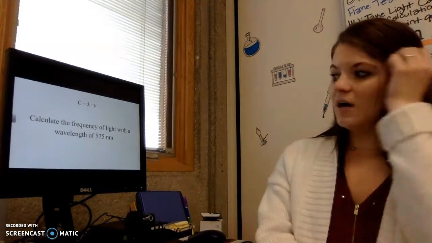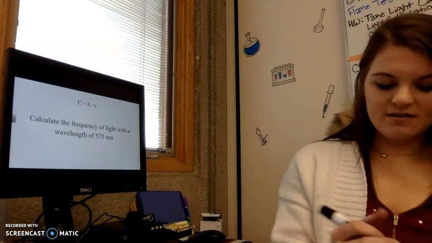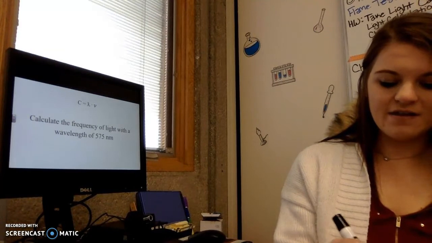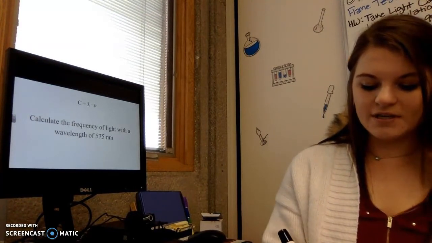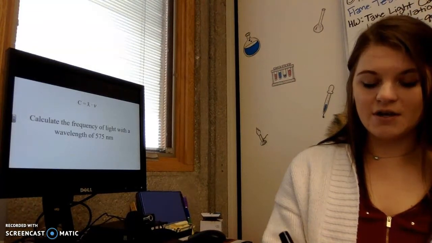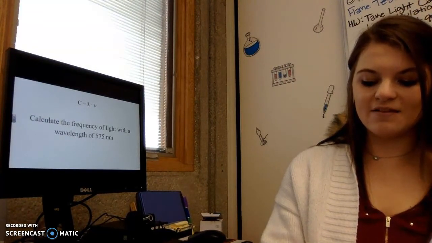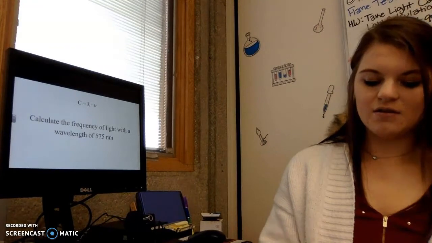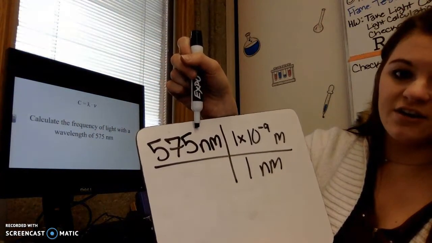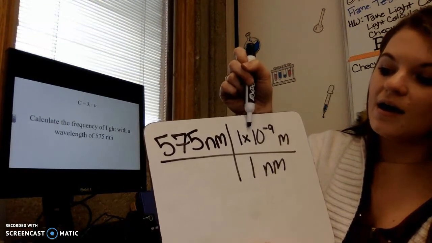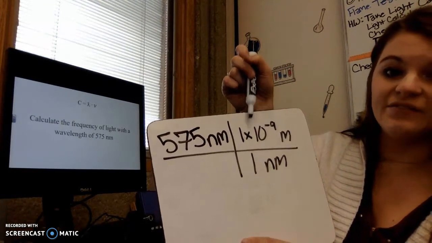So 575 nanometers, in order to convert to meters, you multiply the number of nanometers that you're given times 1 times 10 to the negative 9th meters.